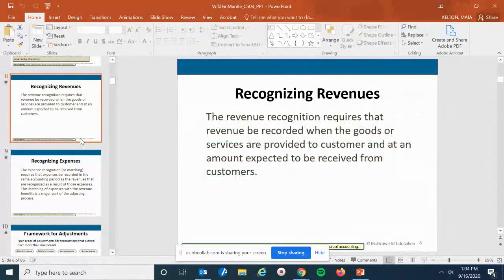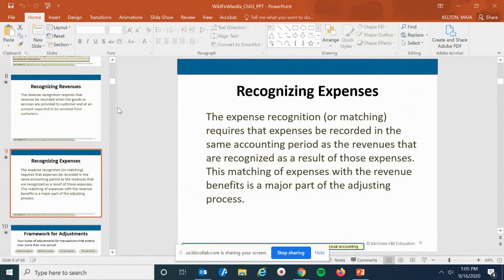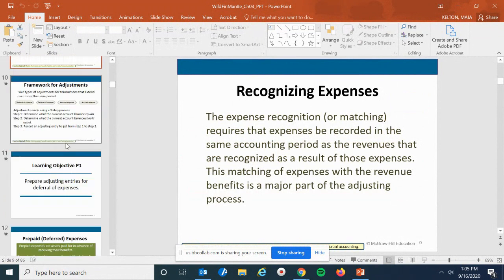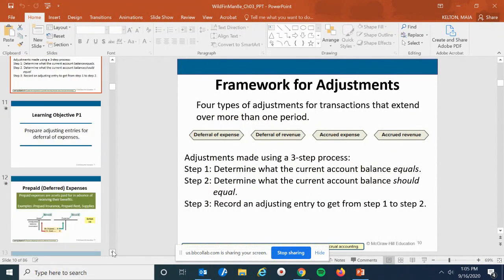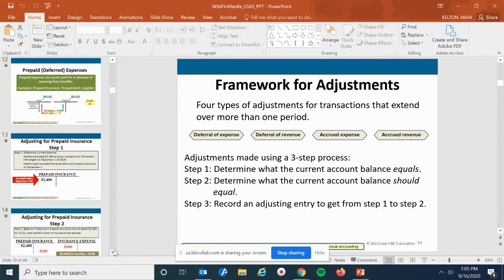So last time we talked about the revenue recognition principle. I'm not going to spend too much time on that. We talked about the expense recognition or the matching principle, and then we looked at the framework for adjustments. So now I'm going to do a brief recap on deferred expenses and deferred revenues.